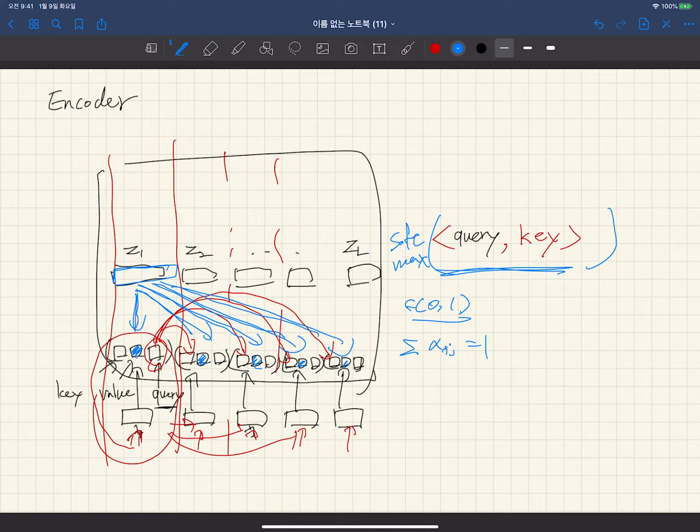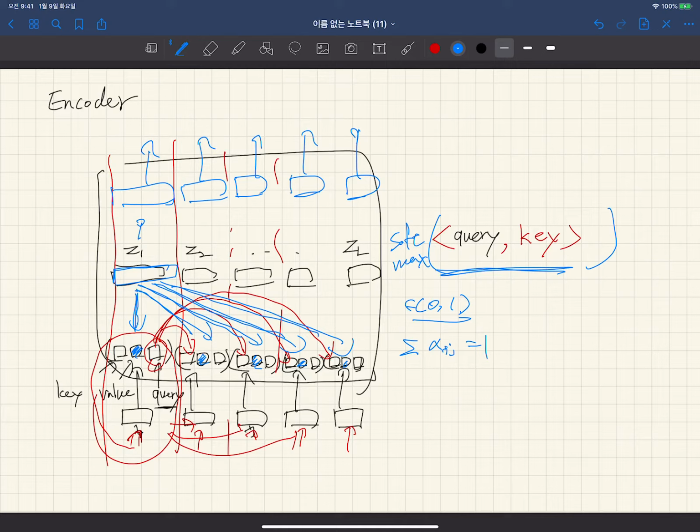Okay, and another very important idea of the transformer is that we do not stop here. We pass this vector through some neural network, so we manipulate this vector to make more sophisticated information.